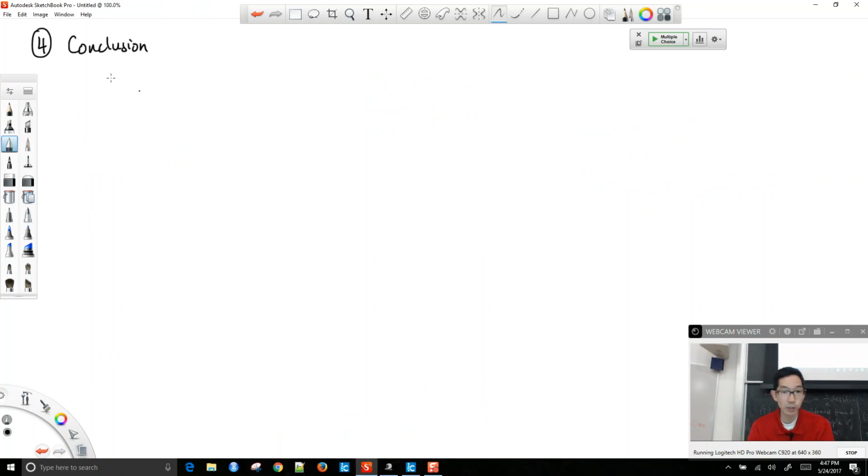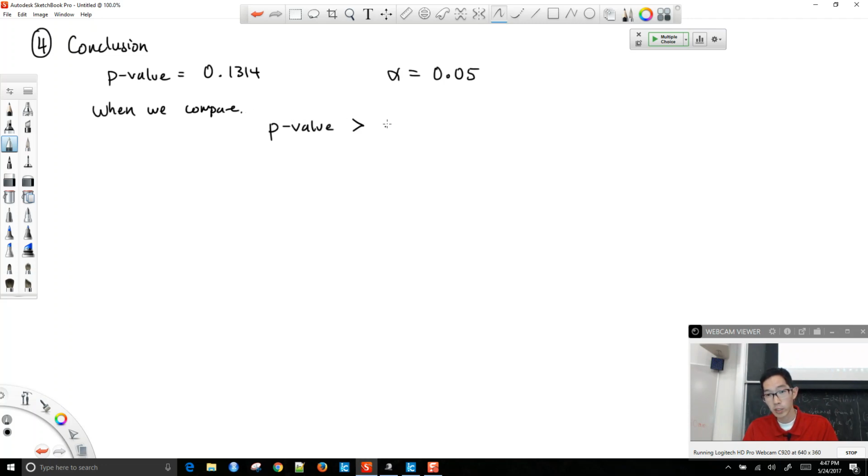Our conclusion is that the p-value is equal to 0.1314. Earlier on, we established that alpha is 0.05. So when we compare, the p-value is greater than alpha. What does that mean?